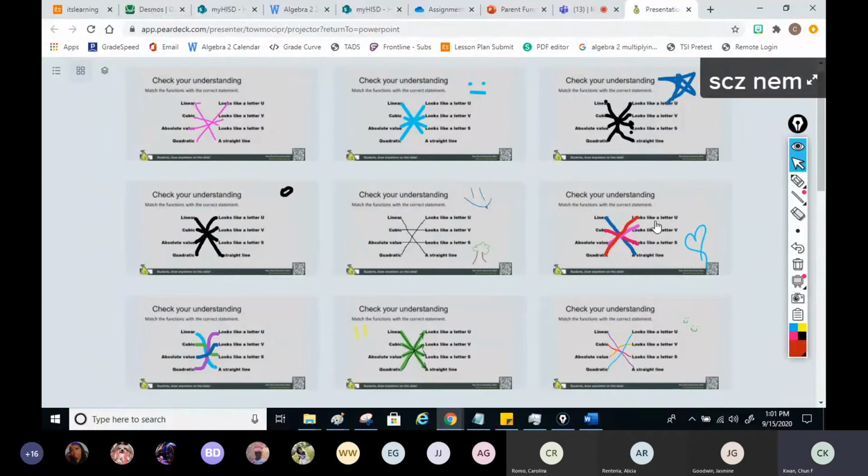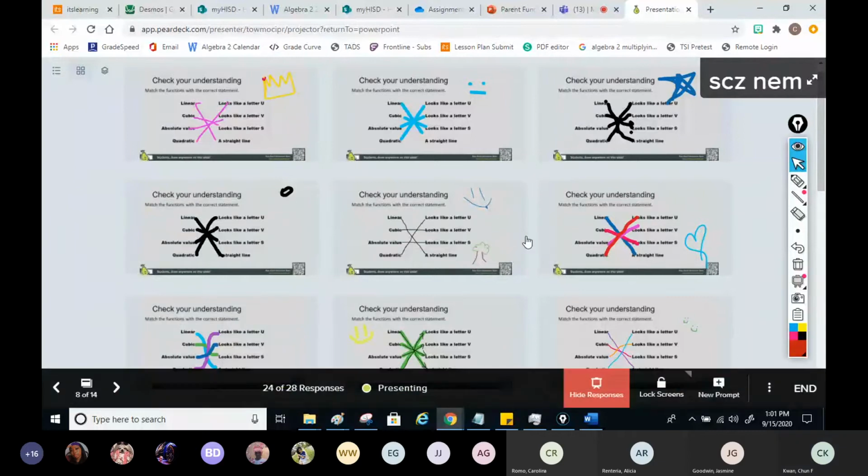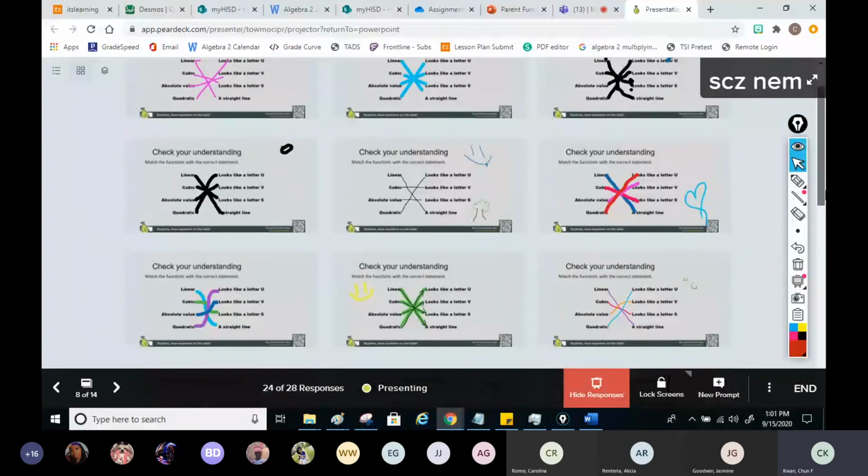Blue smiley face with a tree, pay attention at cubic and absolute value. And then turquoise heart, I think you got it. Turquoise heart, you got it. And then yellow smiley face, you got it?